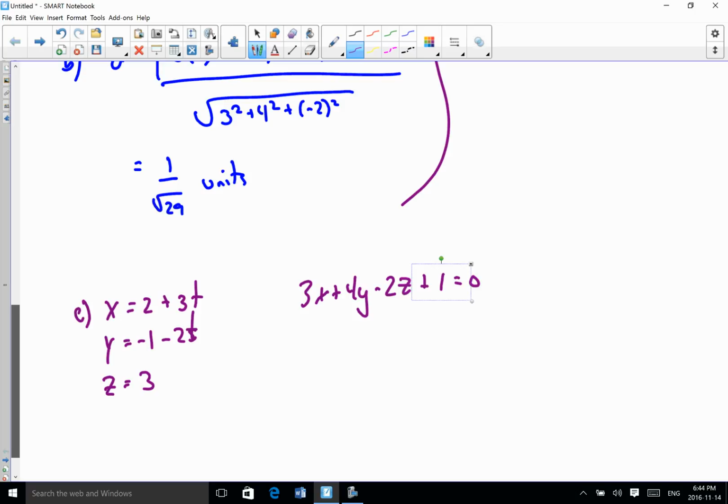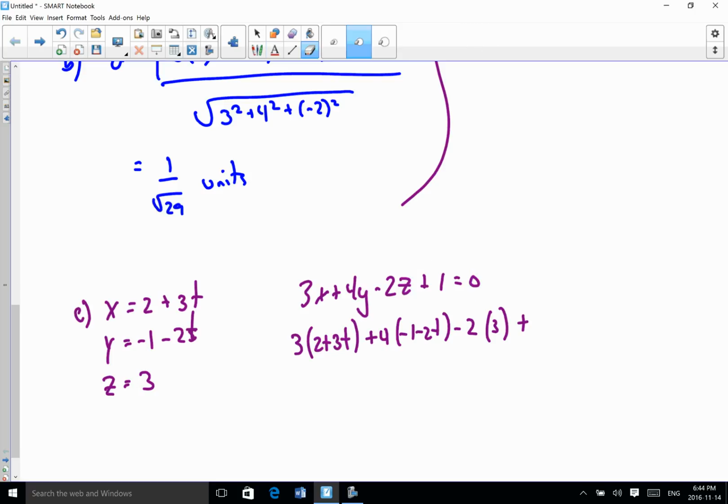Well, if we put in our x value as 2 plus 3t, and our y value, negative 1 minus 2t, and our z value, which is just the number 3, we're going to be able to solve for t, the parameter. If we know the parameter, we can then go back and use our parametric equations to find points.